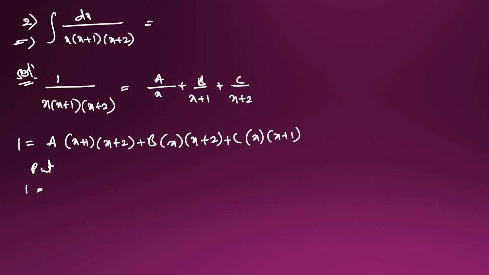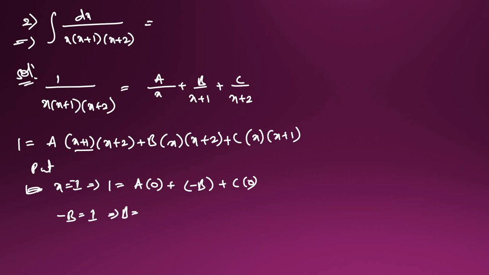Put x is equal to minus 1. So 1 is equal to a into 0, so a term is 0, plus b into minus 1, which is minus b, and c into 0. So minus b is equal to 1, so b is equal to minus 1. Again we put x is equal to minus 2.